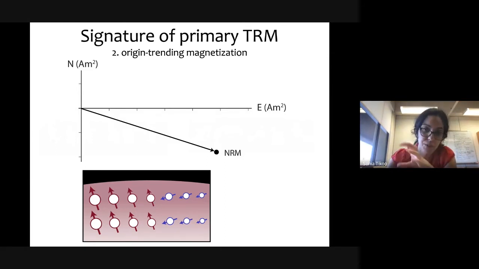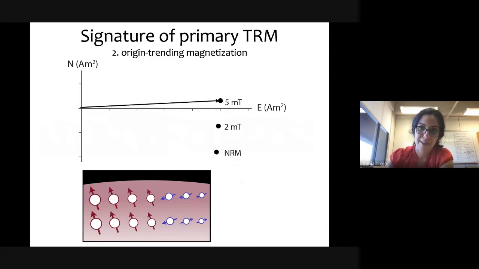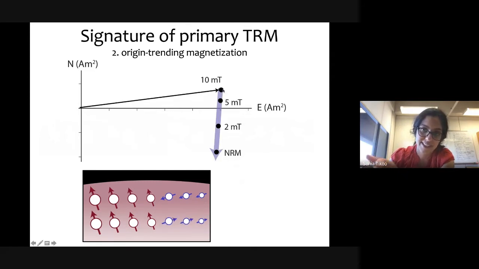And so whenever we take a moon rock in the lab, we actually take its natural remnant magnetization, which is the magnetic vector in the sample before we do anything to it. That's the natural state, and we demagnetize it stepwise, either using heating to increasing temperatures up to the Curie temperature, or we use alternating magnetic fields to randomize magnetization. If I use alternating magnetic fields in this cartoon, I'm demagnetizing my rock to some field strength, let's say 10 millitesla, and at that field strength, I have randomized all the weak overprint contamination grains in my sample.